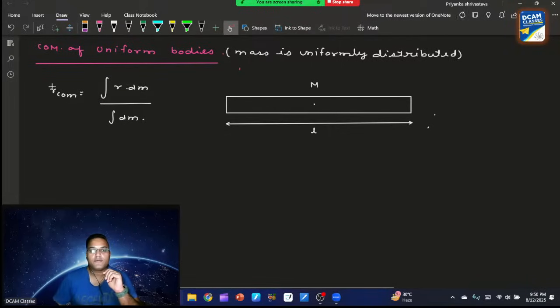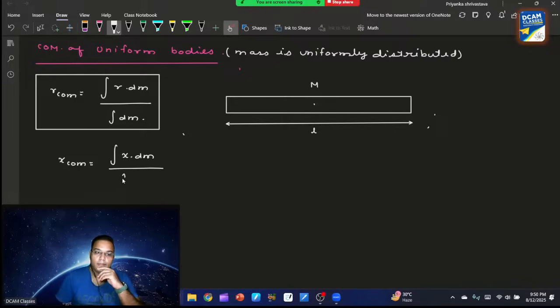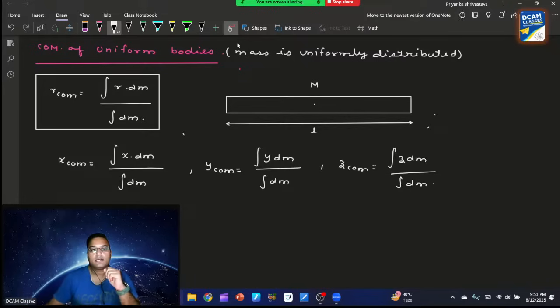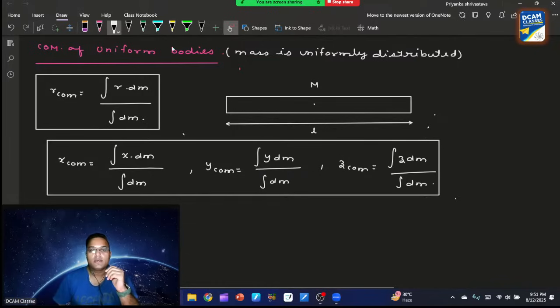If we define this formula according to the axis, it becomes x center of mass is equal to integral x dm by integral dm, or y center of mass is equal to integral y dm by integral dm, or similarly z center of mass is equal to integral z dm by integral dm. I have taken all the axes, but usually you will be using only these two formulas.